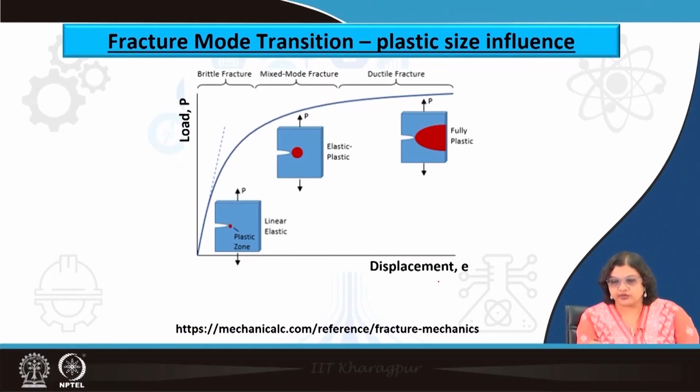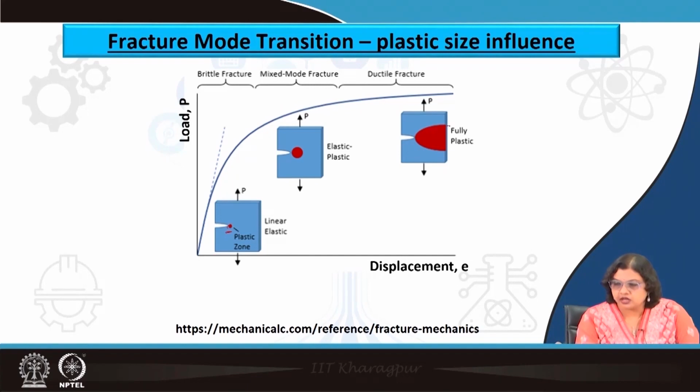Overall, if we look at this load versus displacement curve for a specimen, you can see that initially, when there is a brittle mode of fracture, there is a very negligible amount of plastic deformation. You can see this red circular zone is very small. On the other hand, if we are talking about the ductile mode of fracture, there is a significant amount of plastic deformation.